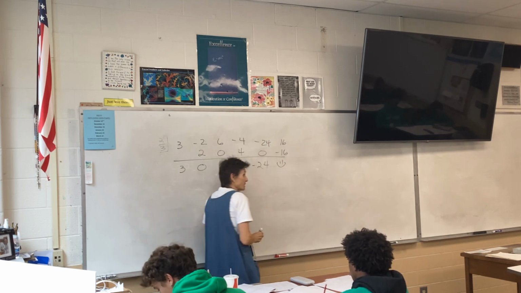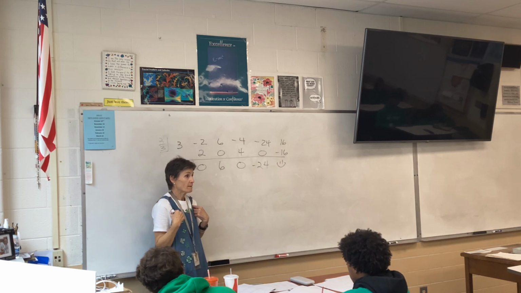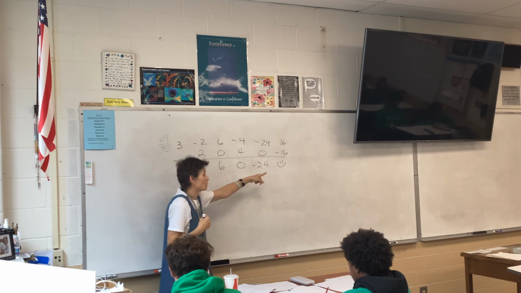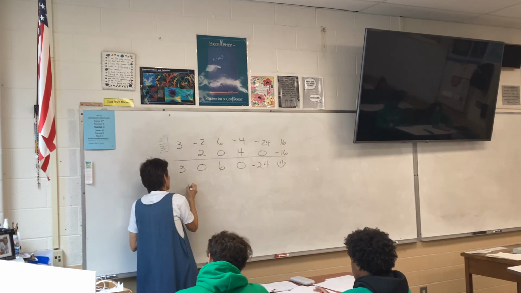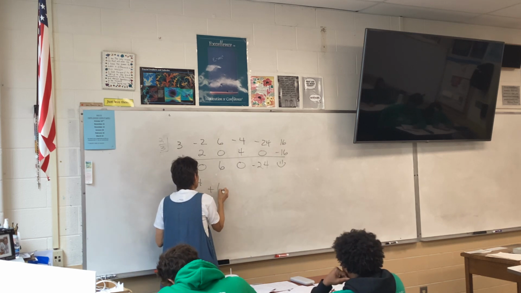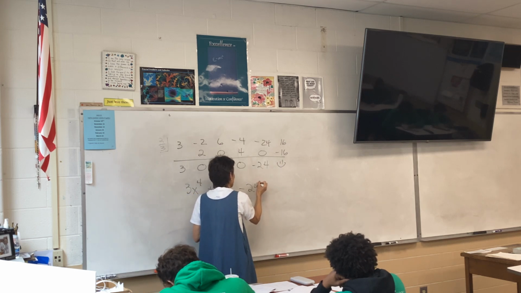There we go. Kids, if you don't get a 0 there, then I lied to you, right? I said 2/3 was a 0. You better get a 0 down there. Okay, so what's left? 3x to the 4th plus 6x squared minus 24.